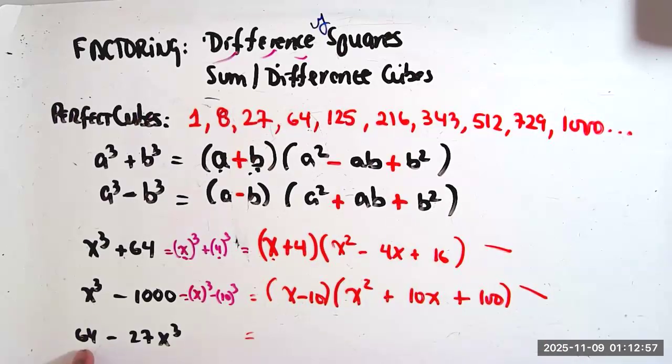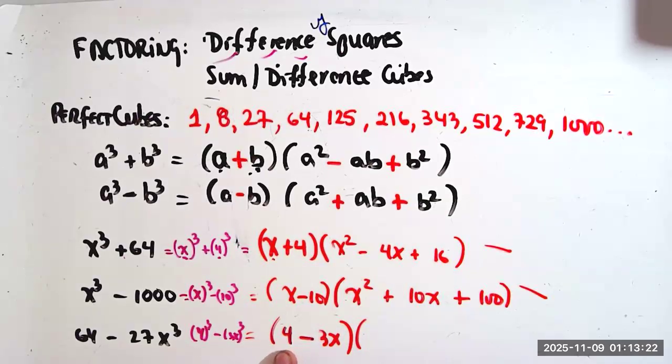Last but not least, of course, I have 64 minus 27x cubed, which will be 4 cubed minus 3x cubed. Oh, that's messy. So that will be 4 minus 3x. Okay. Now, how do I construct my trinomial?